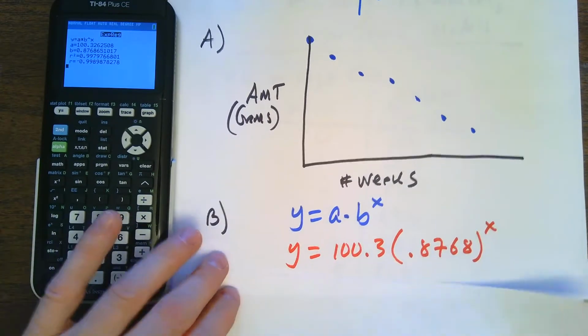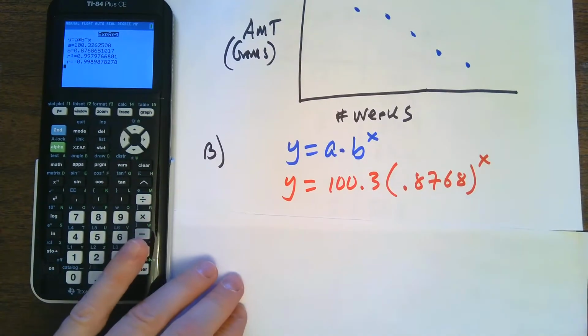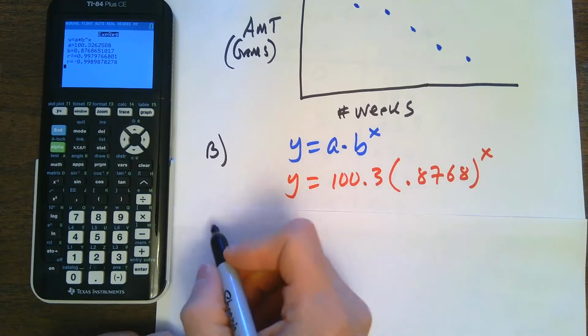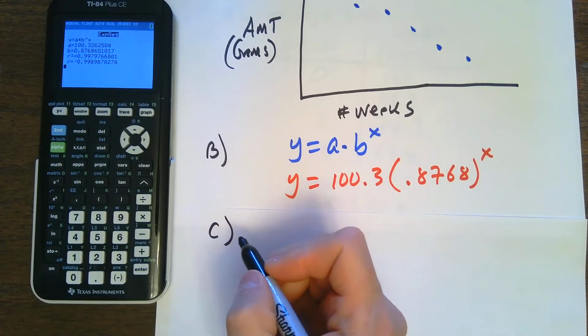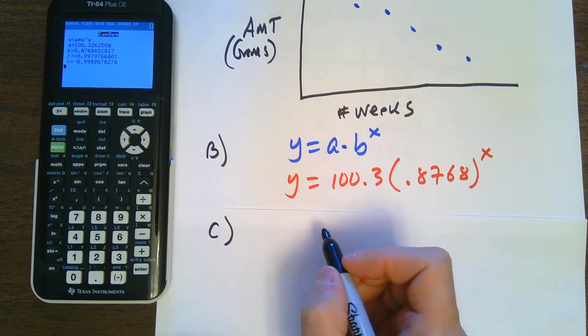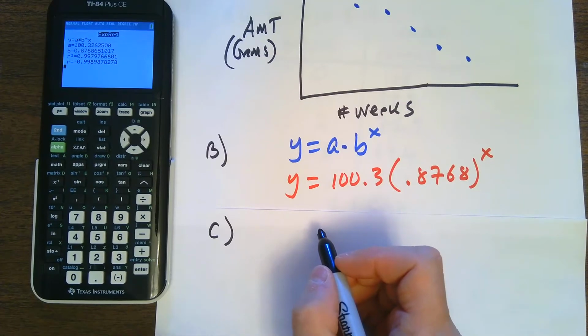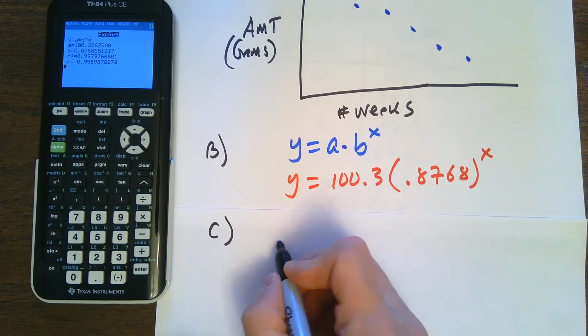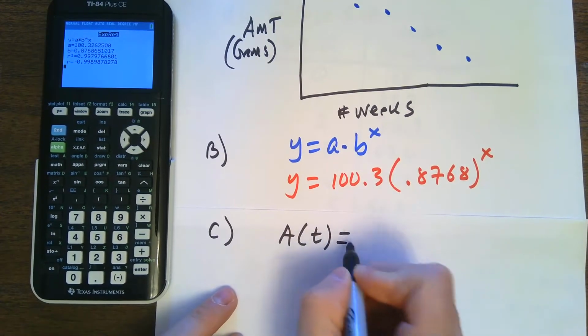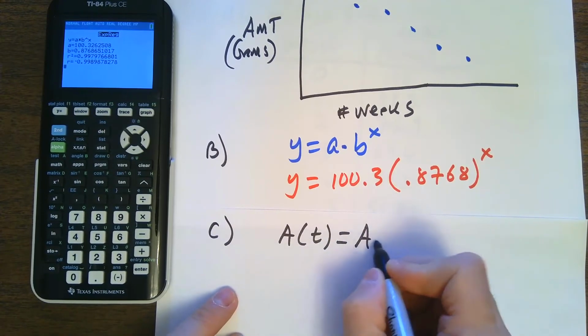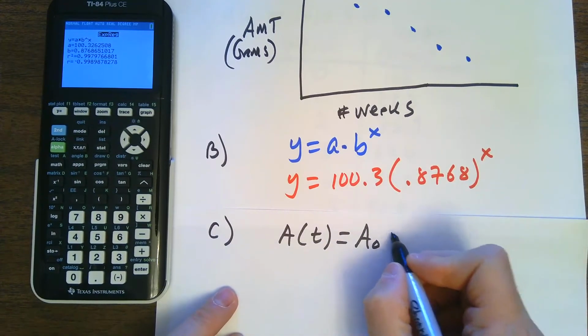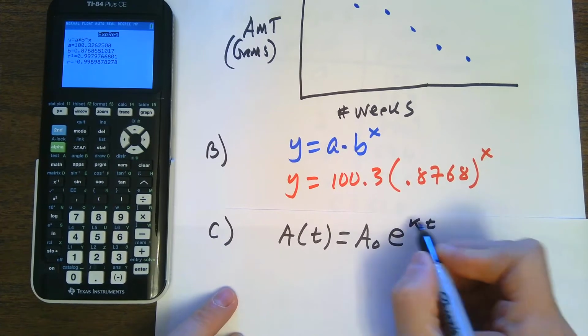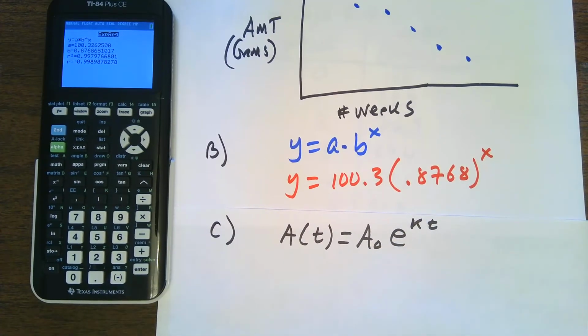So question C says, so this is an exponential form. Question C says, express the function found in part B in the form of amount as a function of time equals an initial amount times e to the kt. So I want to rewrite this.